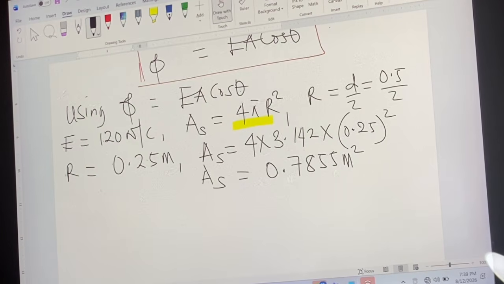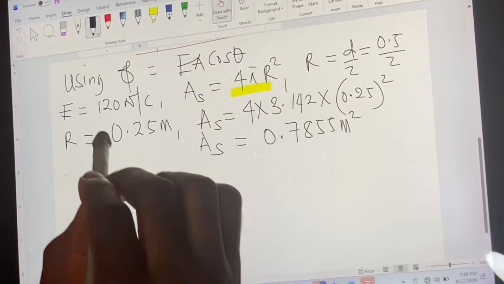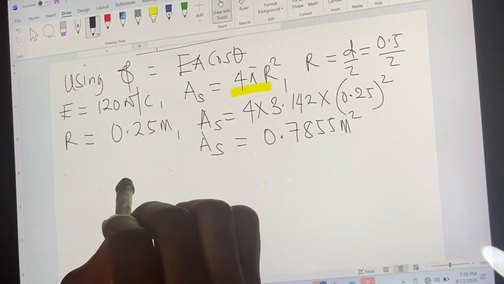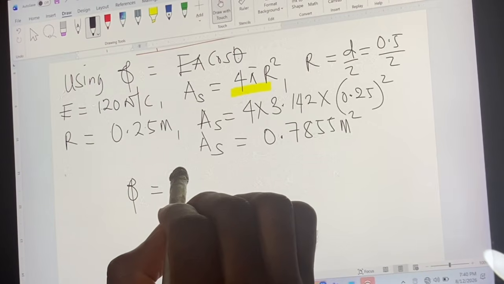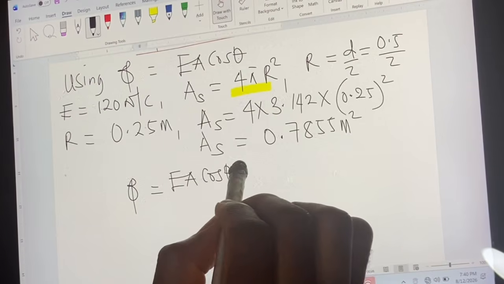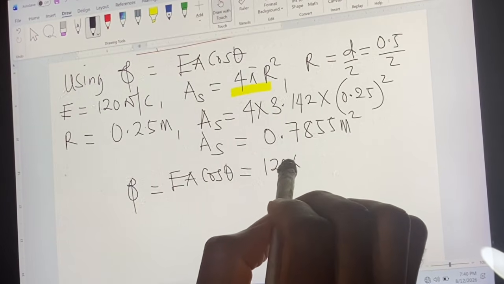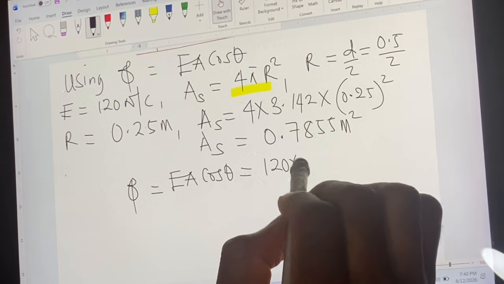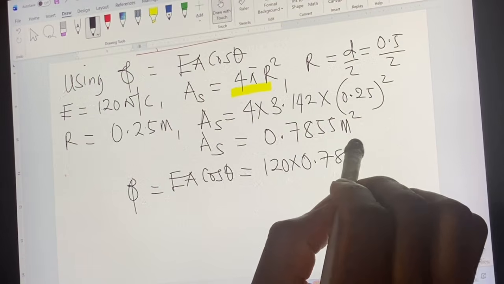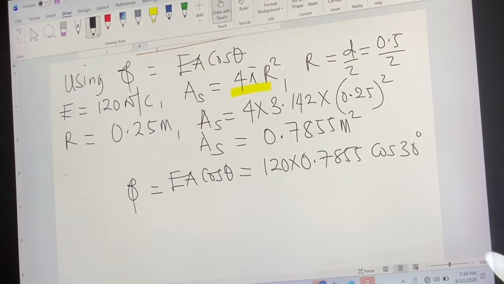So let's replace all the parameters to find the electric flux. Remember, we're asked to find electric flux. Solving for electric flux, electric flux is equal to, from the formula, EA cos theta. Representing the parameters, this is 120 times the area, 0.7855, times cos 30 degrees.